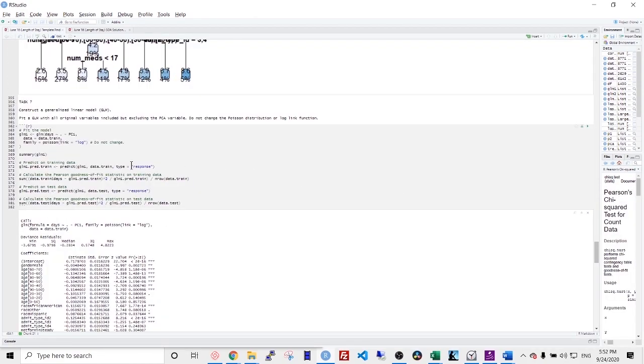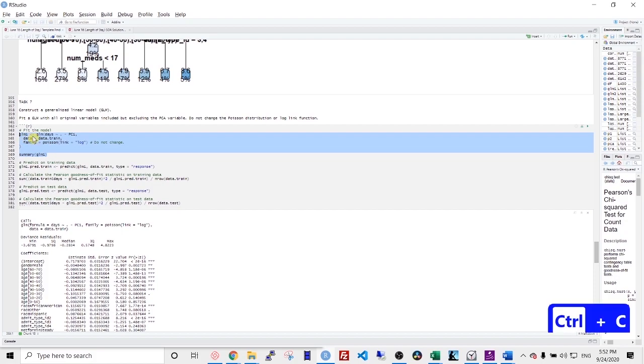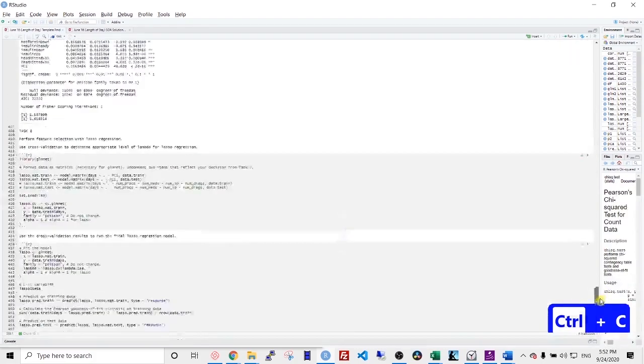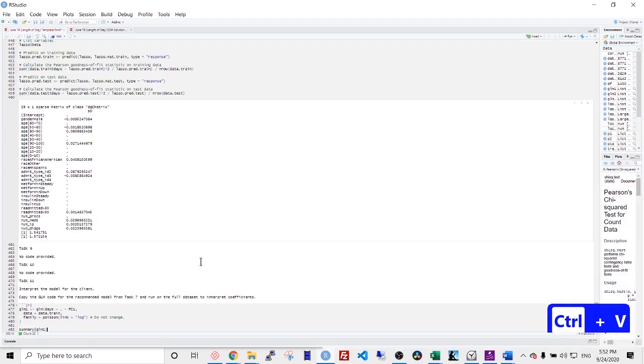So here, remember, we fit two GLMs, one which used the original variables and another which used the principal components. And we found that the one that used the original variables was best. So that's GLM 1. So I need to copy this code down so that it can be run over the full data set. You might be wondering why we need to do this.